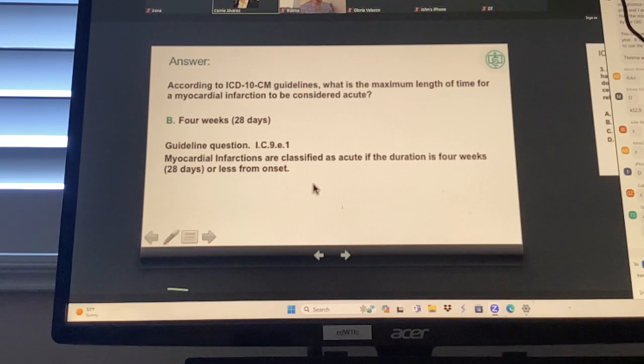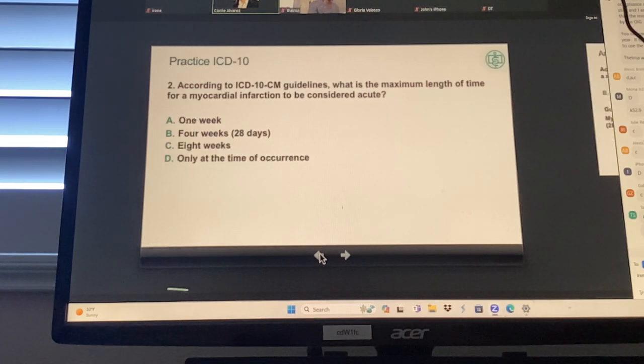So another thing is, if you don't remember how many weeks for acute, you can at least probably know that D is not going to be the right answer. And maybe A is too short, so you're left with 4 weeks and 8 weeks.